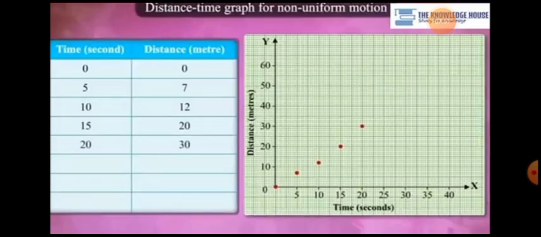Time in seconds 25, distance in meters 41. Time in seconds 30, distance in meters 50. Time in seconds 35, distance in meters 58.